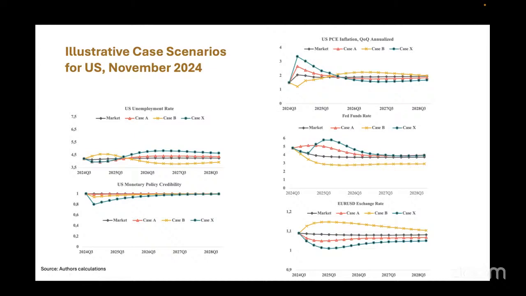So in the case B scenario, we require a lower interest rate path, as you can see, compared to the market reference scenario. This case B can be motivated by an asset price correction.